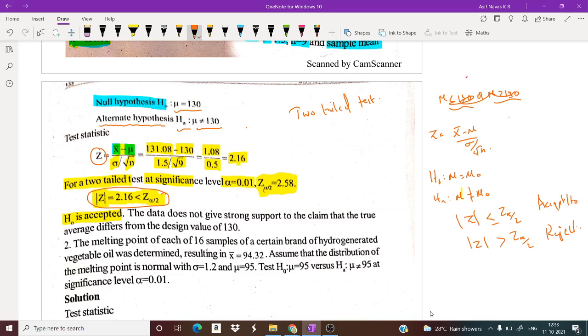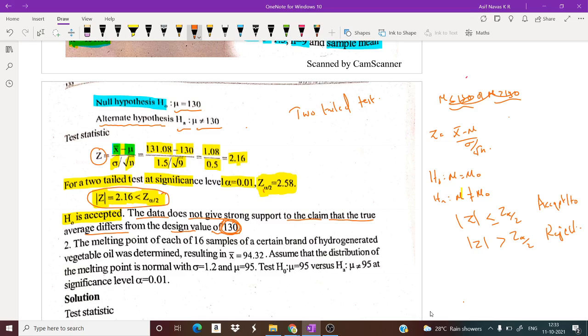Therefore, we accept H naught. Therefore, the data does not contradict the assumption. Its claim supports that the average is the design value of 130. So the assumption is true. H naught is true.